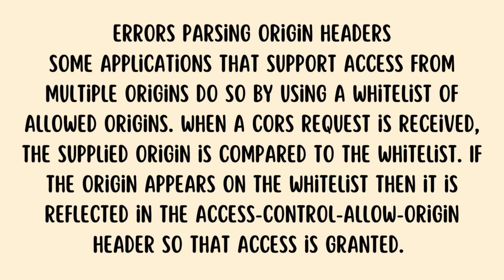Errors parsing origin headers. Some applications that support access from multiple origins do so by using a whitelist of allowed origins. When a CORS request is received, the supplied origin is compared to the whitelist. If the origin appears on the whitelist, then it is reflected in the Access-Control-Allow-Origin header so that access is granted.